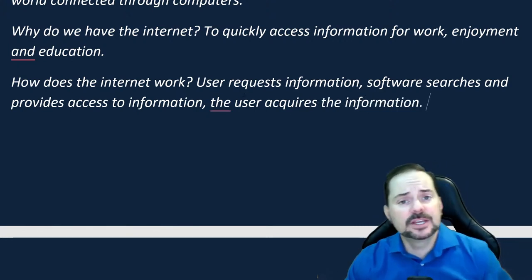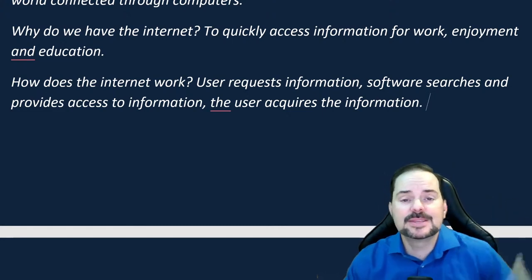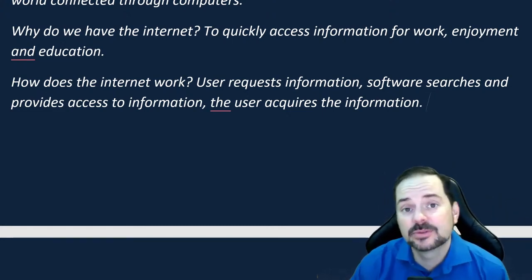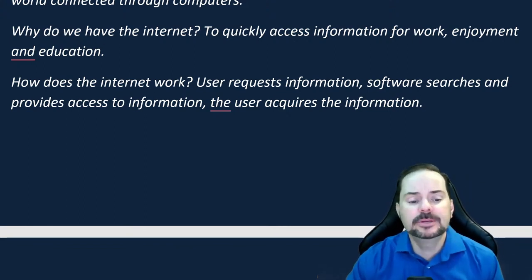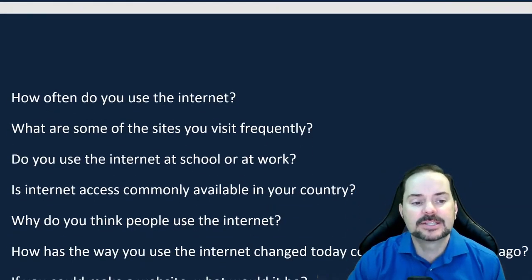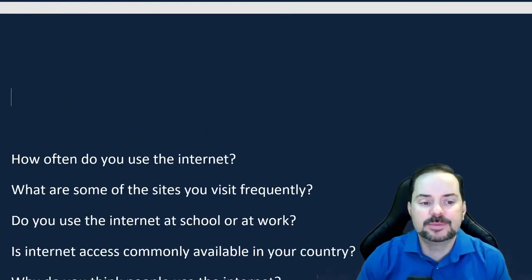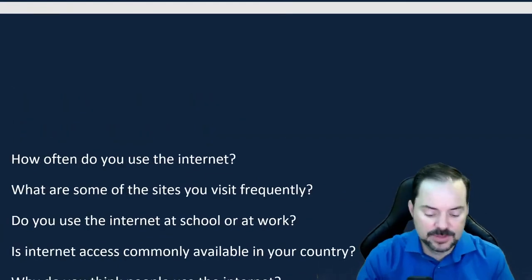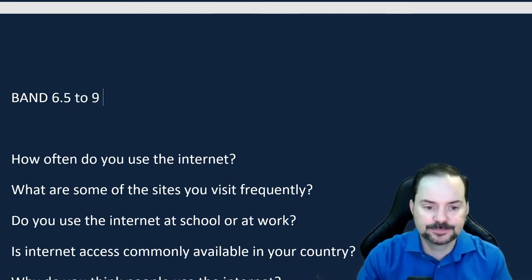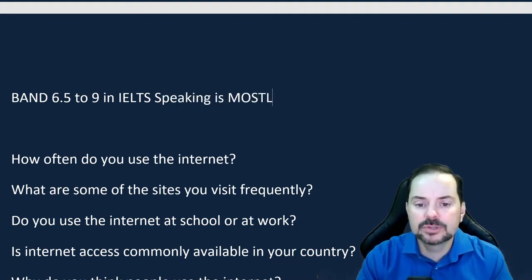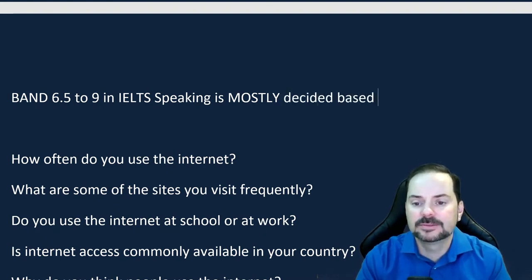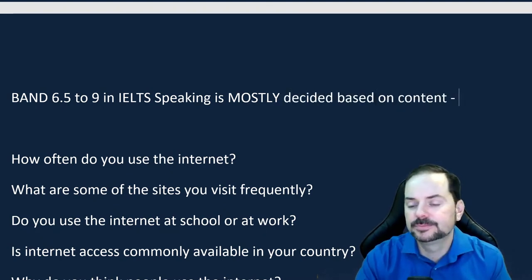Practice this kind of thinking, so train your brain to think in this way quickly and effectively so that you can answer questions well, okay? Keep in mind, students, that for band 6.5 to 9 in the speaking, and for the writing as well, by the way, band 6.5 to 9 in IELTS speaking is mostly decided based on content, on what you say.